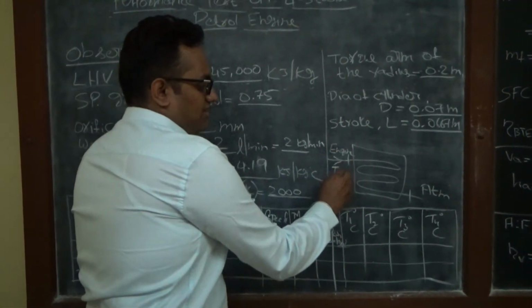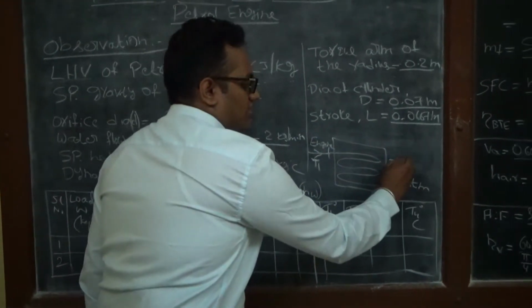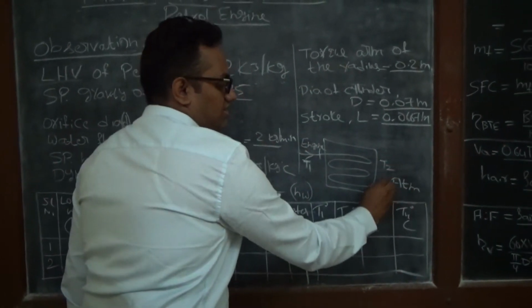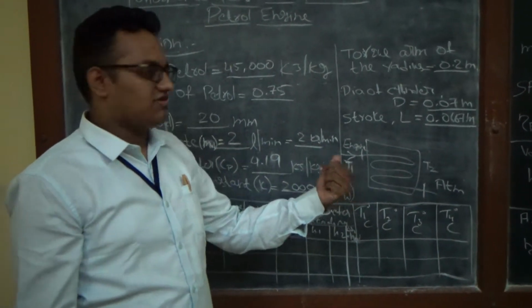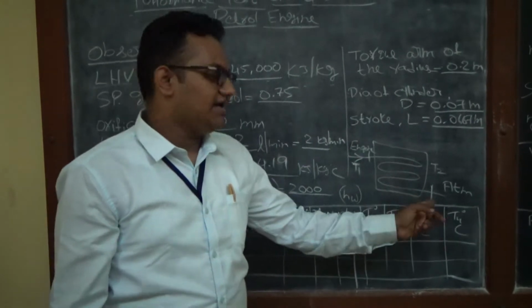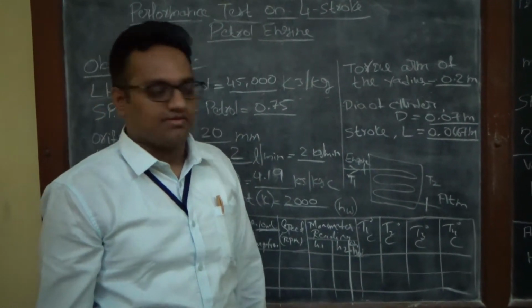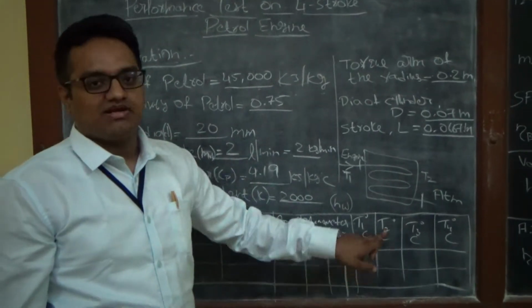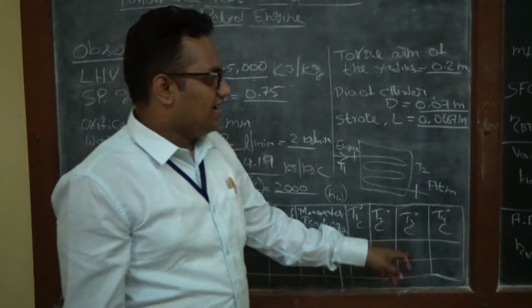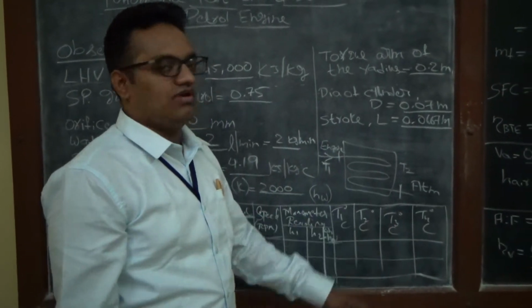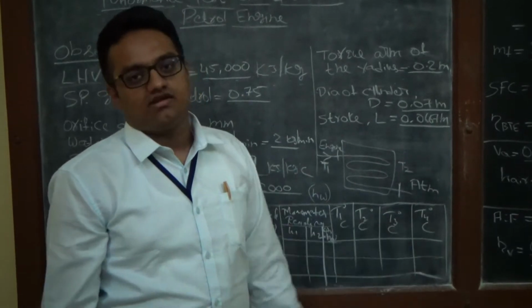Whatever we get before the cooling is T1, and whatever we get after the cooling is T2. So T1 is the inlet temperature of the exhaust gas cooler, and T2 is the outlet temperature of the exhaust gas cooler. Obviously we can expect T1 to be greater than T2. Regarding T3 and T4, they are the cooling water coolant temperatures before and after respectively.